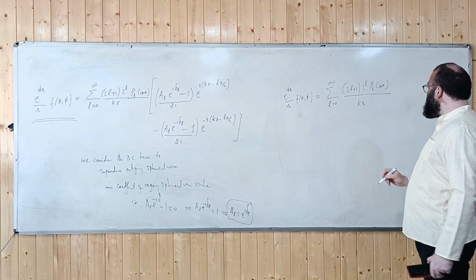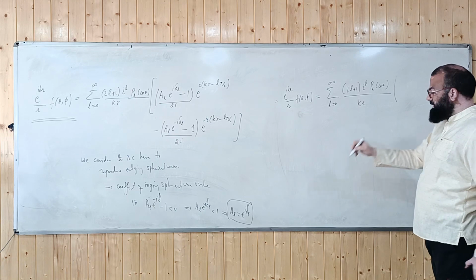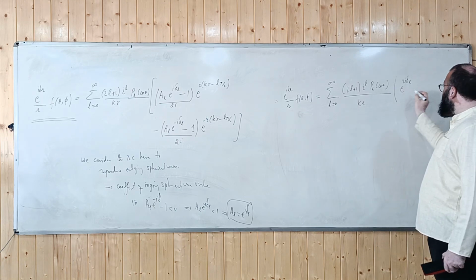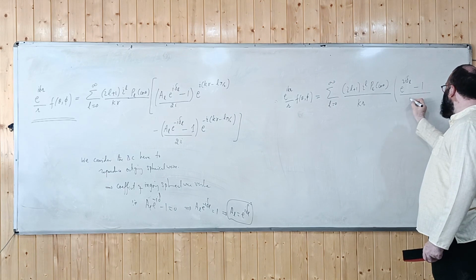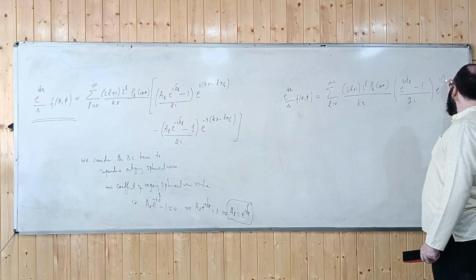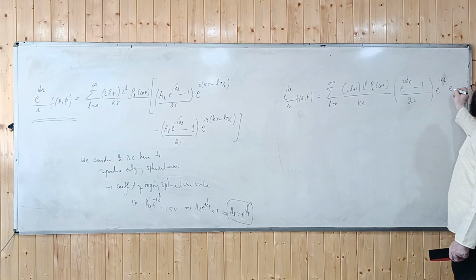Okay, so let's write it. So what is our A_L now? It is (e^{2iδ_L} − 1) divided by 2i, and e^{ikr}. Okay, so let me write it this way: e^{ikr}, e^{−iLπ/2}.